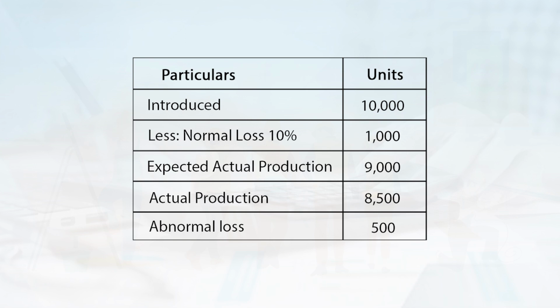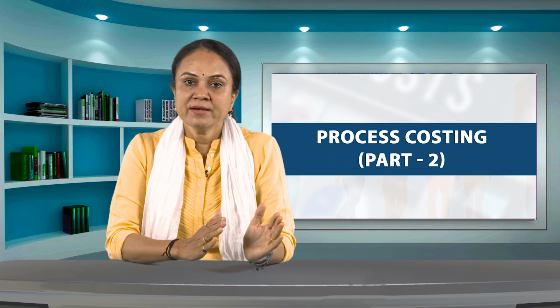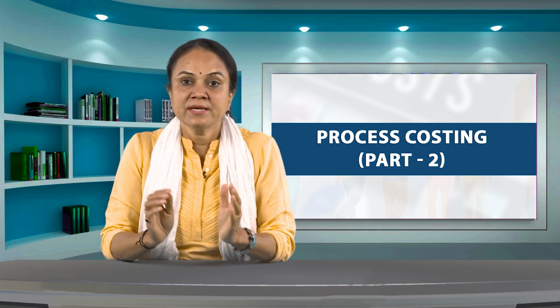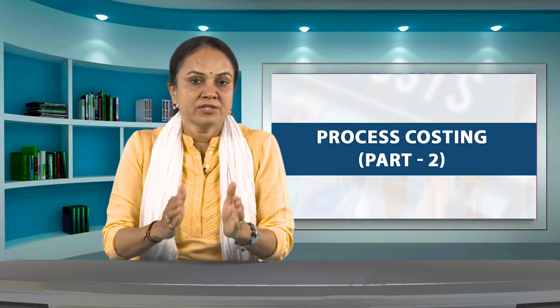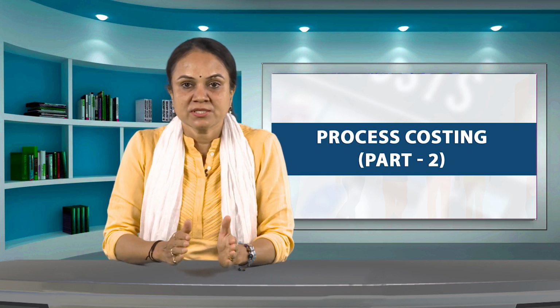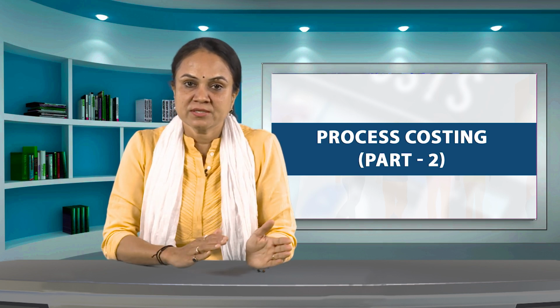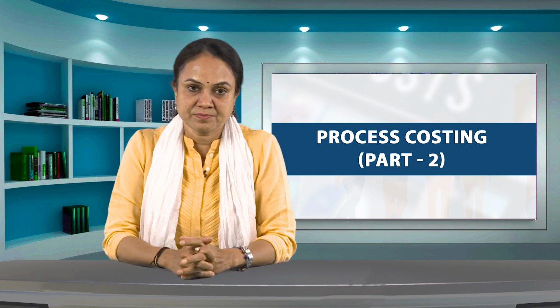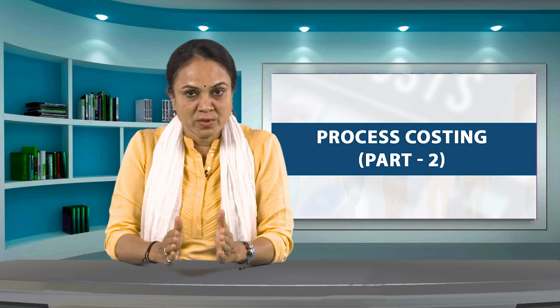Units introduced 10,000 units less normal loss 10%, that is 1000 units. Therefore, our expected actual production comes to 9,000 units, but our actual production is 8,500 units and therefore, abnormal loss of 500 units. When expected actual production is greater than the actual production, the difference is abnormal loss, but when expected actual production is less than the actual production, the difference is abnormal gain. In our case, we have abnormal loss.